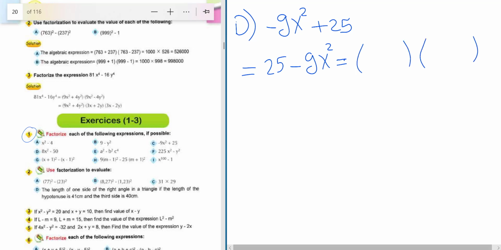Factorize 25 minus 9x power 2 into two brackets. The first quantity is 5, the second is 3x. Their sum, 5 plus 3x, and their difference, 5 minus 3x. This is the factorization of 25 minus 9x power 2.